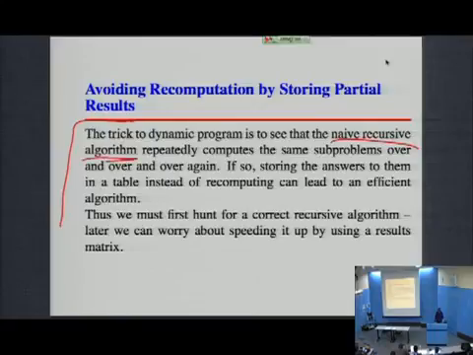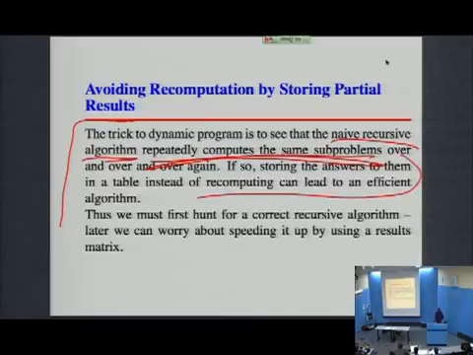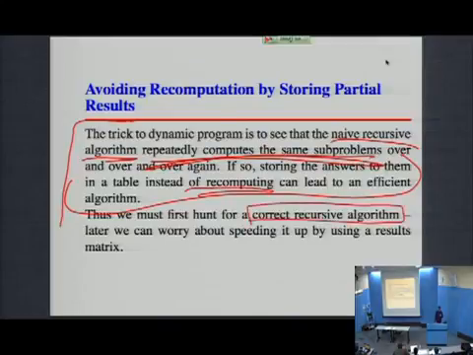If we see that it repeatedly computes the same subproblems over and over, then storing them in a table instead of recomputing will lead to an efficient, effective algorithm. So, when we think about how we solve problems with dynamic programming, the big thing is to first look for a correct recursive algorithm, and then hope that we can speed it up by storing the results. Any questions? Okay, that much is clear.